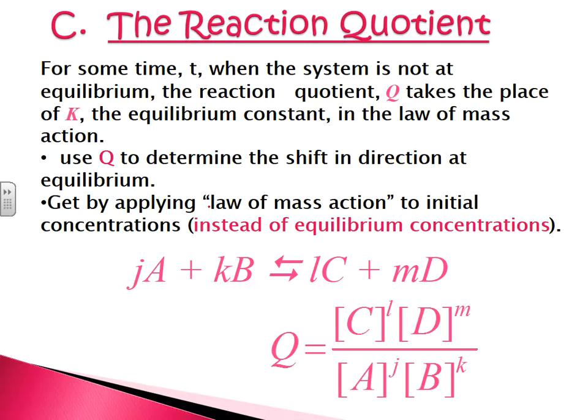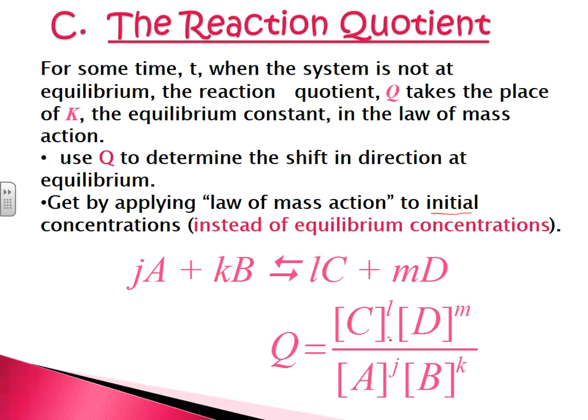Now, the way that we get Q is we apply the law of mass action to our initial concentrations instead of the equilibrium concentrations. So when we're calculating K, that's the equilibrium constant, and we're plugging in equilibrium concentrations to get that value. We would find Q, the reaction quotient, the same way, except instead of equilibrium concentrations or pressures, you would plug in the initial.